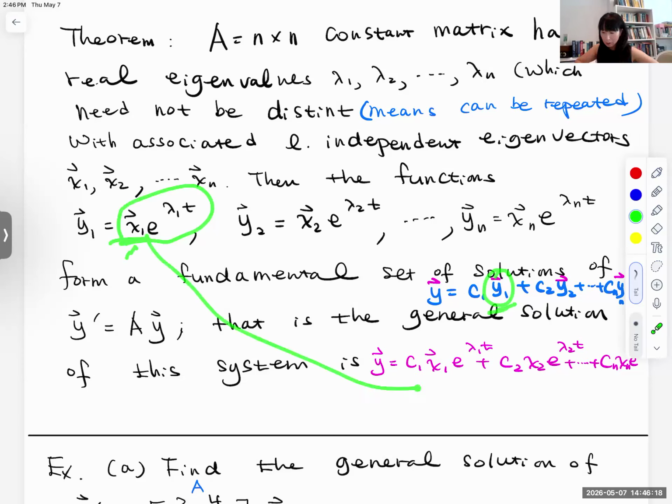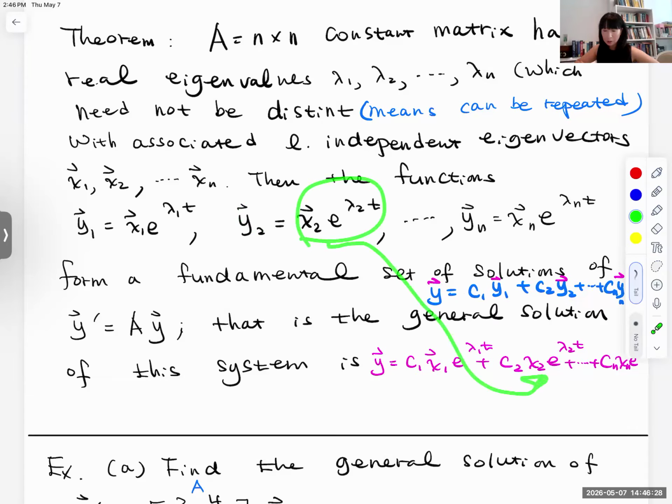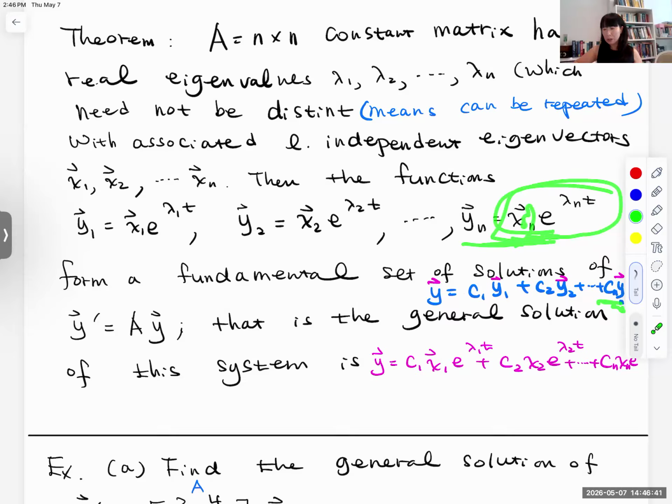And then c sub 2 times vector y sub 2 is x sub 2 e to the lambda 2 t. And then y sub n, the vector form has x sub n. So basically the eigenvectors times e to the eigenvalue times t, so we are using that here.